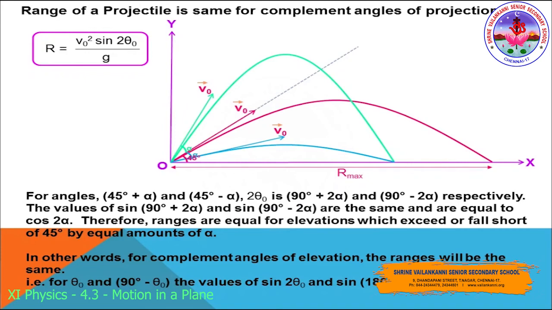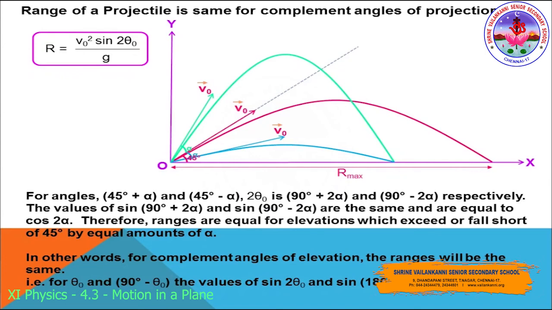So 90 degree plus 2 alpha and 90 degree minus 2 alpha respectively. You can check how we get these angles. The values of sine 90 degree plus 2 alpha and sine 90 degree minus 2 alpha are the same, and are equal to cos 2 alpha.